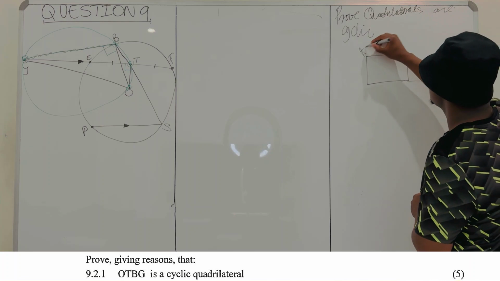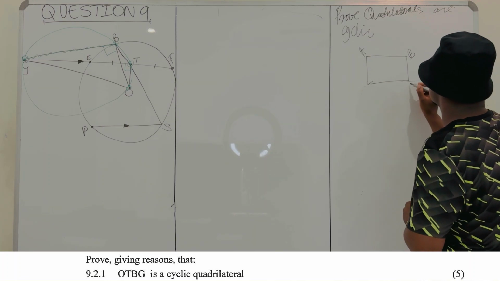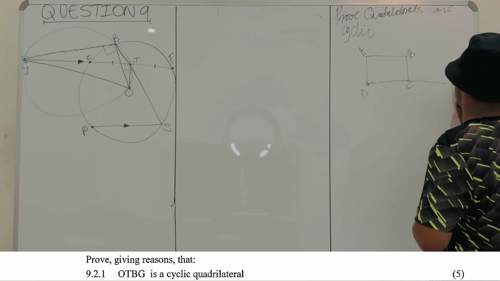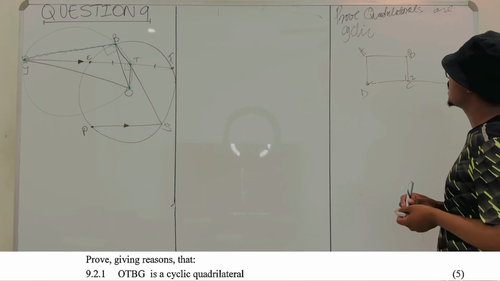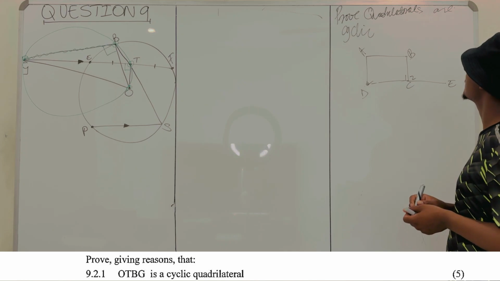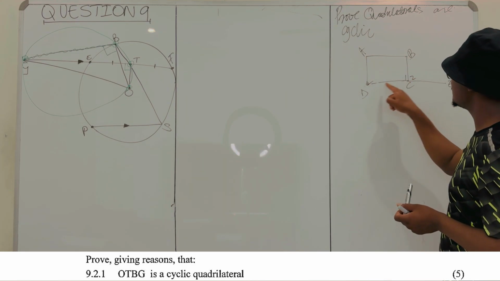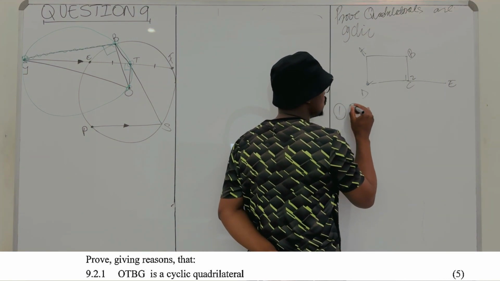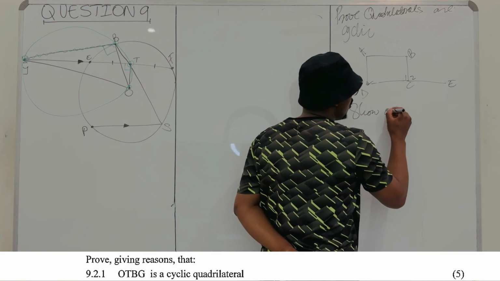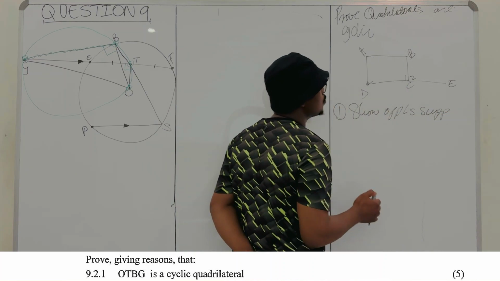Let's call it A, B, C, D, with main point E here. Let's say C1 and C2. How do you prove that a quadrilateral is cyclic? We want to prove that ABCD is a cyclic quadrilateral. So one, you must show opposite angles are supplementary. That's what you need to do.